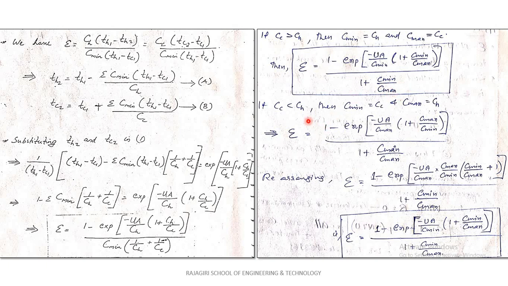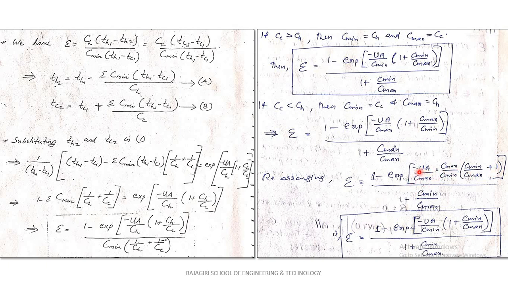If we take the other way, that is if CC is less than CH, and we arrange this equation, you will get the same expression. Here what you can see is, take this C max by C minimum outside of the bracket, and C max will cancel.